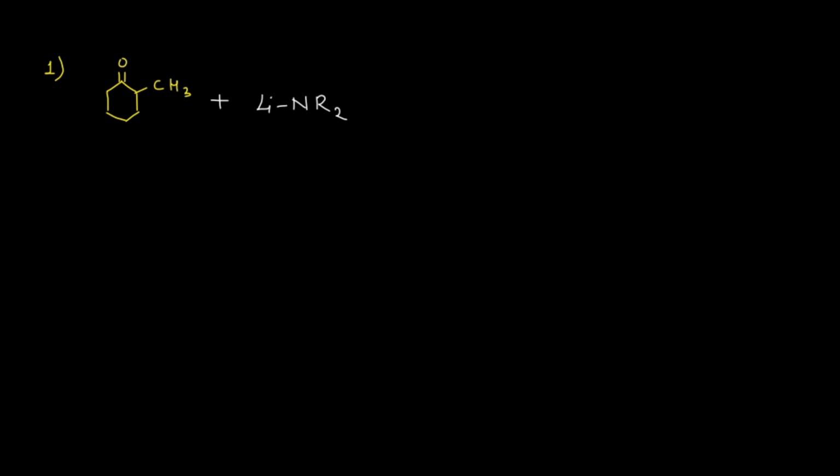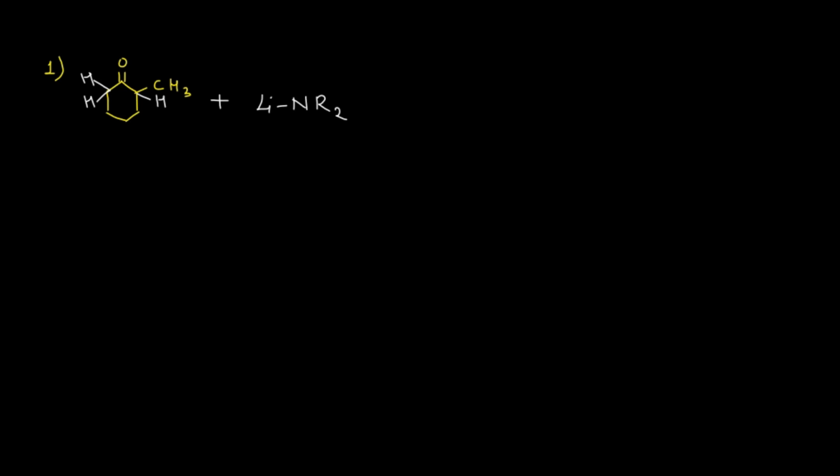See, one alpha hydrogen is present here, and two alpha hydrogens are present here. Okay, now please listen very, very carefully. This is very, very important. Two hydrogens are available on the left hand side, and one hydrogen is available on the right hand side. Which hydrogen will be grabbed by this basic nitrogen is a very important question.